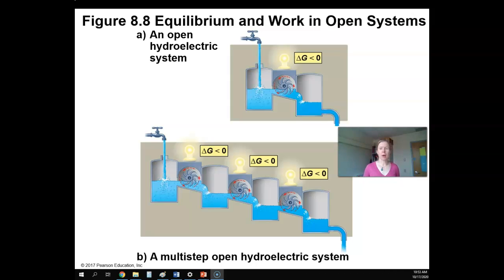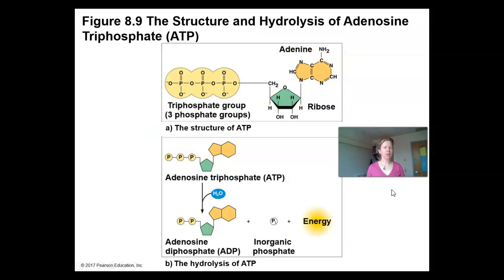This is very similar to what happens in your cells, where we release energy in a series of reactions. So the energy in a cell is going to be in the form of ATP. We talked about ATP a little bit with our macromolecules, but it's super important to understand. ATP is a nucleic acid, right?